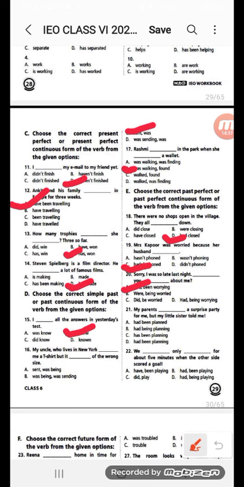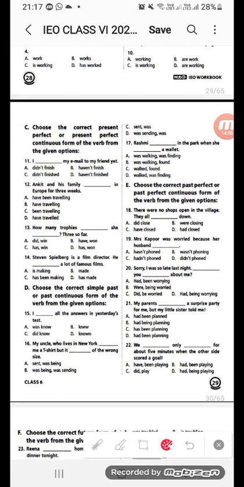Number 21. My parents had been planning a surprise party for me, but my little sister told me. Number 22. We had only been playing about 5 minutes when the other side scored a goal.